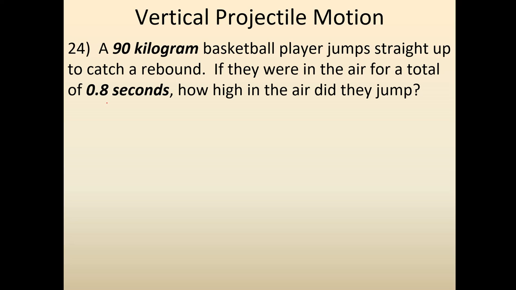You can do some other things that I'll actually end up using, but the main idea is that you have to split this question in half, because there's two things going on. We have a total time, which is referring to the person going up into the air and then coming back down. And then they're asking us about how high he jumps, which is just him going up to the maximum height. So these two pieces of information are not conclusive together.